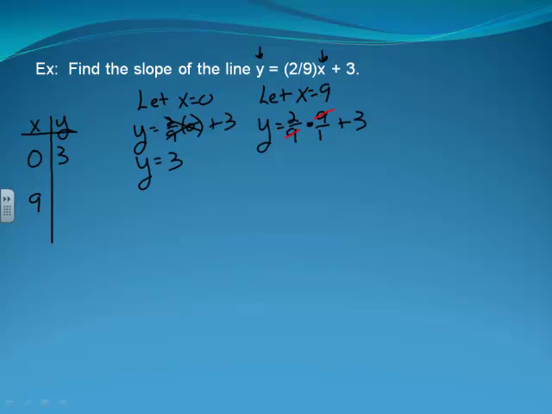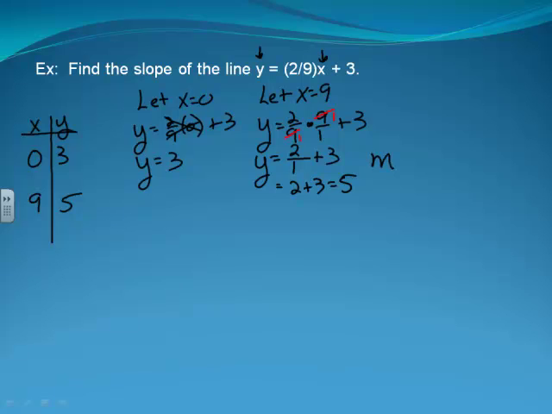Now, cross-canceling, remember, means just that you're taking out a common factor. So 9 divided by 9 will leave you with 1. Here, 9 divided by 9 leaves you with 1 as well. So my equation becomes 2 times 1, or 2, over 1 times 1, which is 1, plus 3, which of course is simply 2 plus 3, or 5. So when x is 9, I find that y is 5.